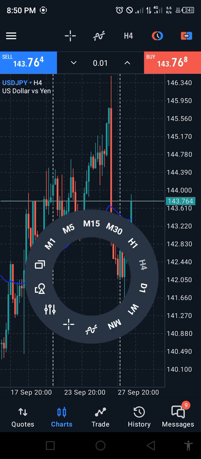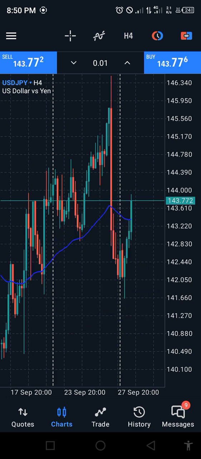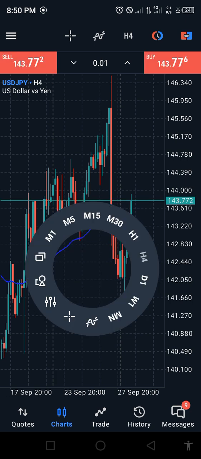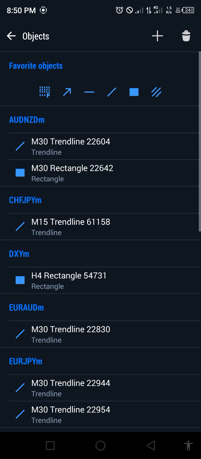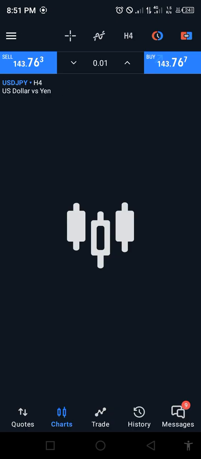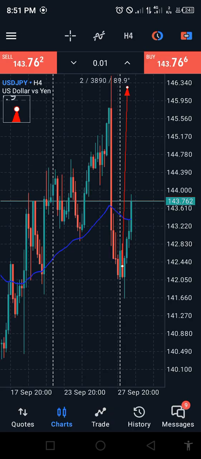If you want to change time frame, you simply click on the chart board and this circular tool is going to show. There you simply click on 4 hours, which is H4. Or otherwise, you simply look up there, you will see 4 hours, and you click on that.